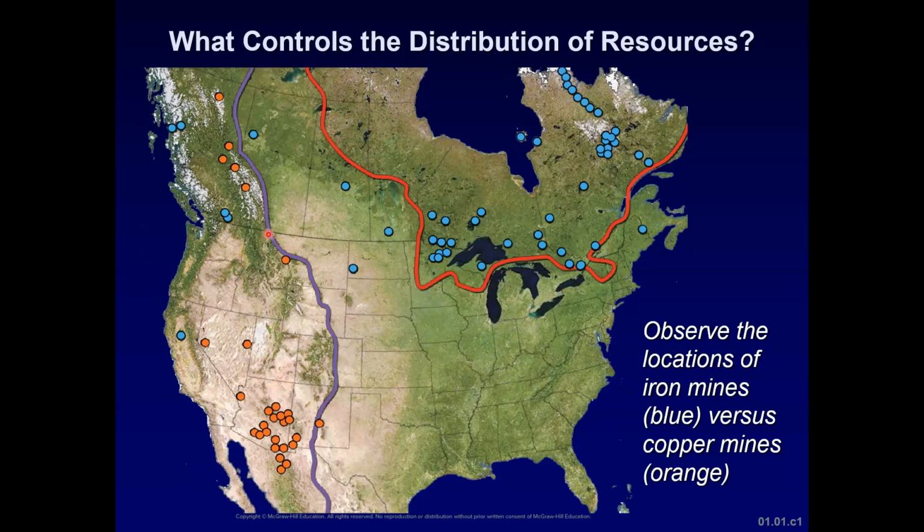Pressure from this area led to that. There's no large iron or copper mines in the southeast because the region doesn't have the appropriate type of rocks or geologic history. It's as simple as that. The distribution of resources is controlled by geology, such as age and the type of rocks and the geologic history.